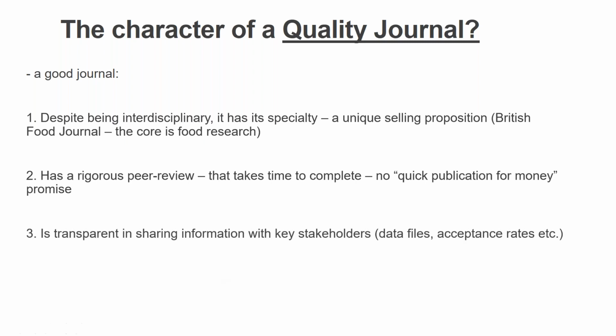Another indicator is a journal which is transparent in sharing information with key stakeholders. For example, how many articles were received, how many major revisions were given, how many minor revisions were given, how many authors submitted their papers, of them how many were actually accepted, the acceptance rate, the data files available, the reviewers available, the members of the editorial board.